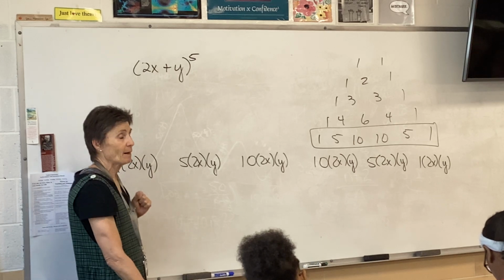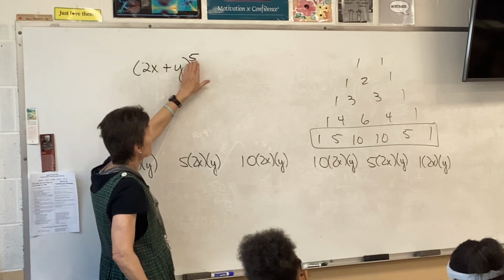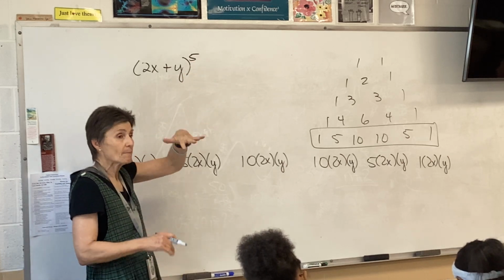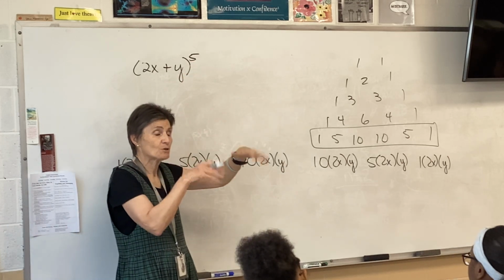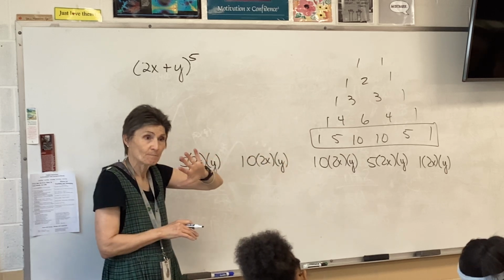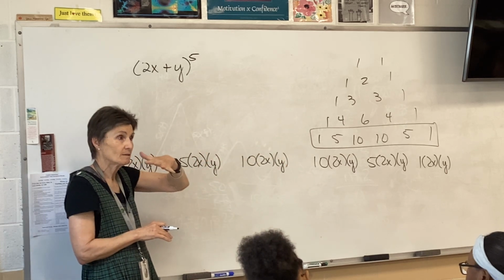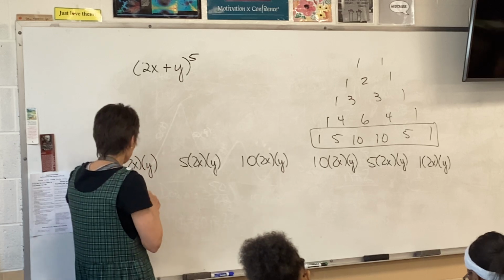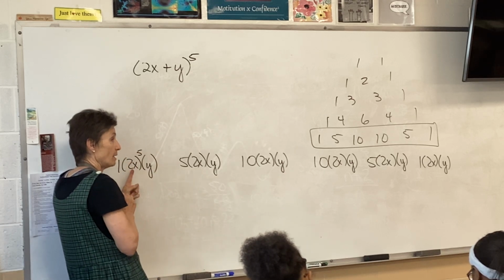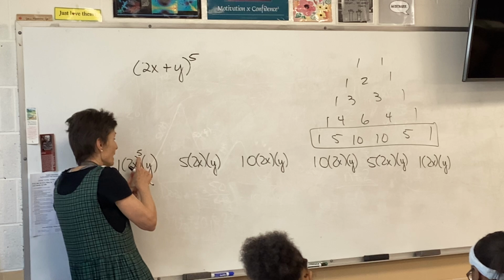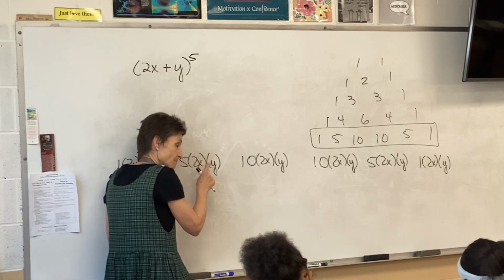All right, so now I need my exponents. Think about doing this. Think about multiplying 2x times 2x times 2x 5 times. Wouldn't you have an x to the 5th? So this guy right here is going to have a power of 5. And then remember what happens to these?